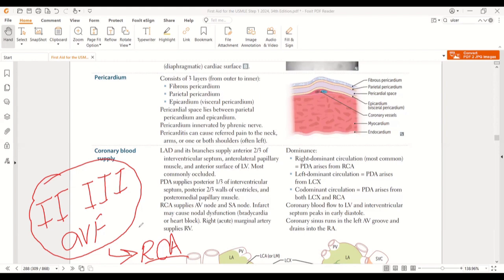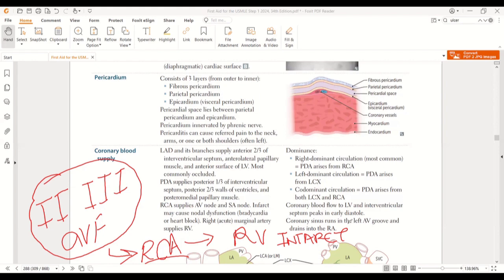So if the right coronary artery is involved and this leads to a right ventricle infarct, what happens to the preload of the left ventricle and what happens to the preload of the right ventricle?